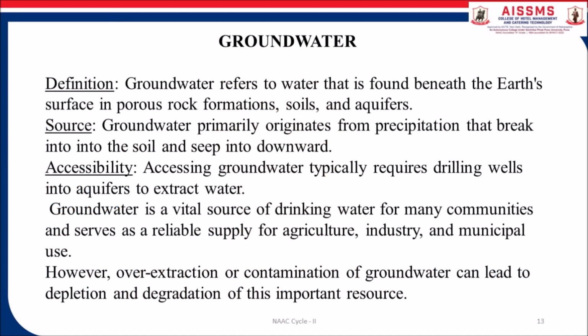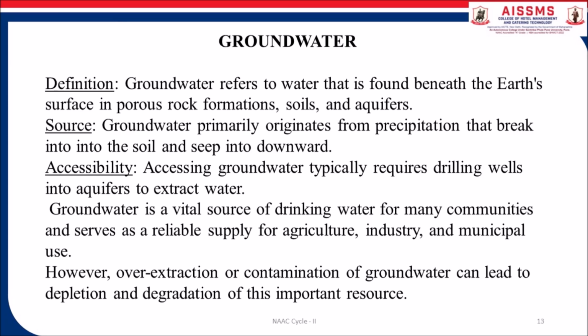Groundwater refers to water that is found beneath the earth's surface in porous rock formations, soils, and aquifers. Sources: groundwater primarily originates from precipitation that soaks into the soil and seeps downwards. Accessibility: accessing groundwater typically requires drilling wells into aquifers to extract water.